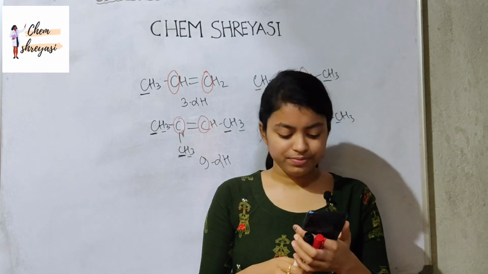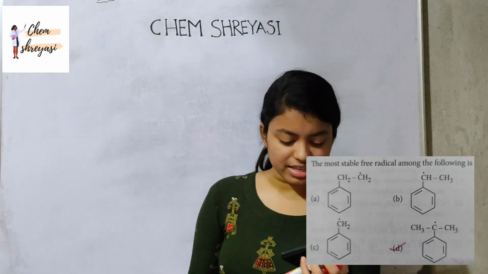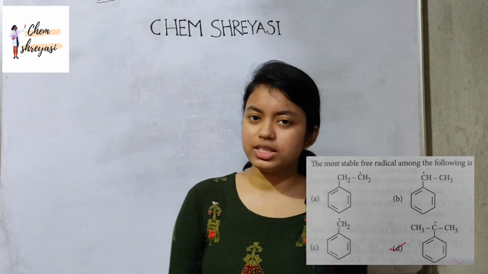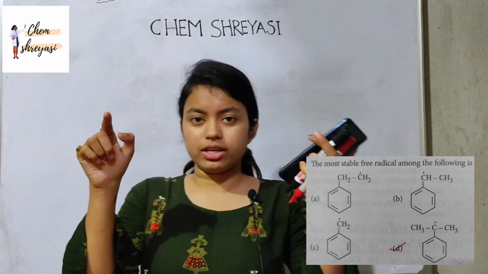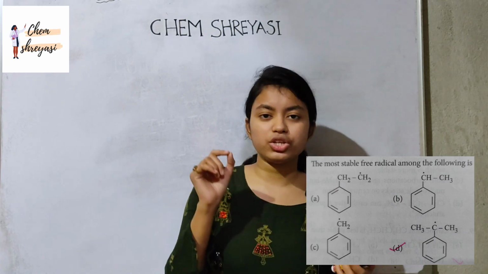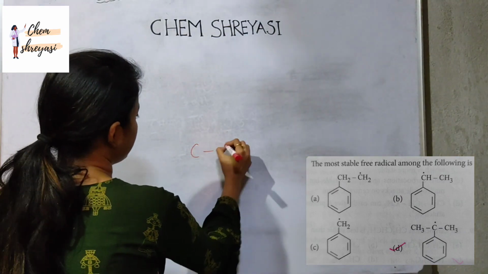So the next question is, the most stable free radical among the following. Now what is a free radical? In case of homolytic cleavage, when a bond is cleaved homolytically, there will be a fish hook arrow on both sides, and there will be generation of free radicals, just like this.